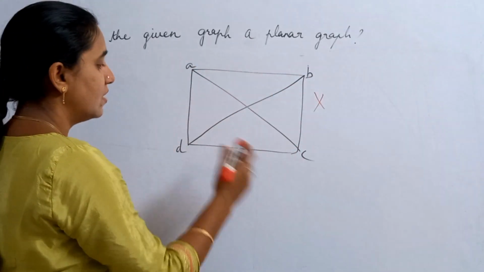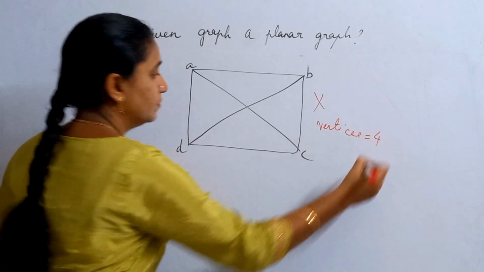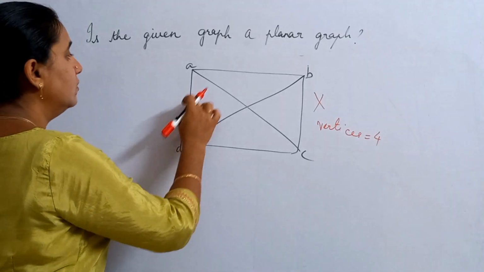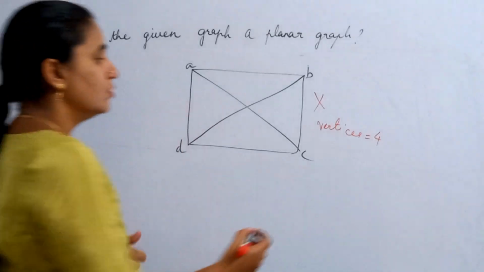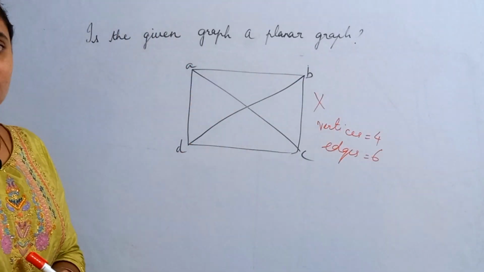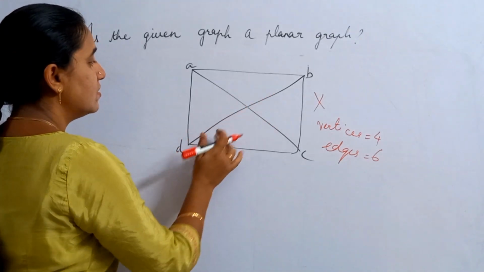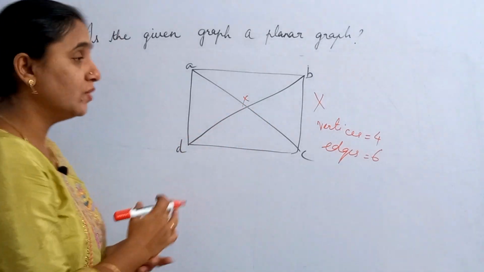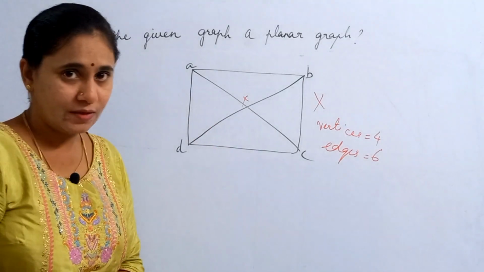How many edges are present in this graph? 1, 2, 3, 4, 5 and 6. So the number of edges is 6. Another thing is that these two edges are intersecting each other, so we can surely tell it is not a planar graph.